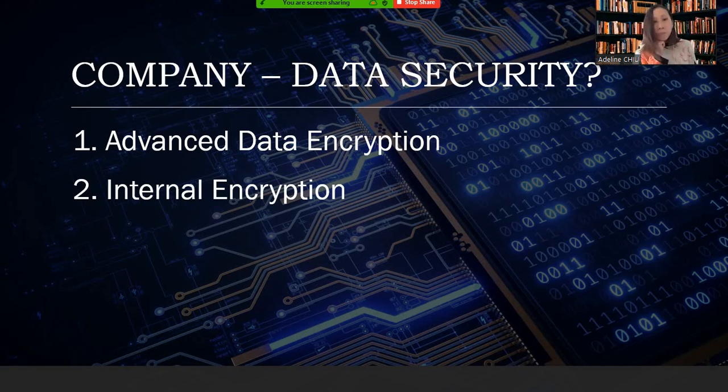The second point is internal encryption. I'm pretty sure that all of you remember the example of Yahoo I gave a bit earlier. The Yahoo data breach occurred because an employee was targeted in a phishing campaign. That employee had access to a lot of data, basically the whole database, and when the hacker targeted him and managed to get his credentials, he managed to take all of the data.